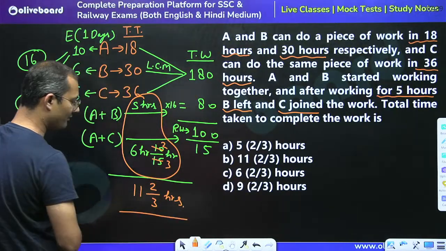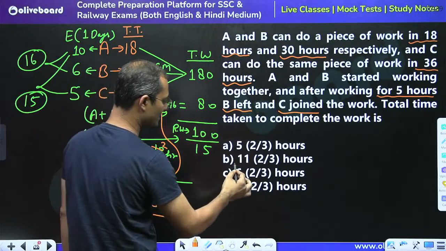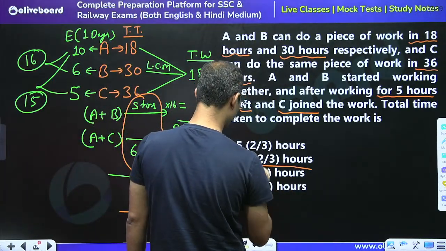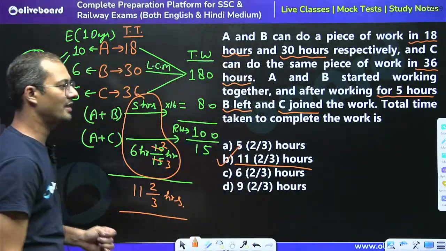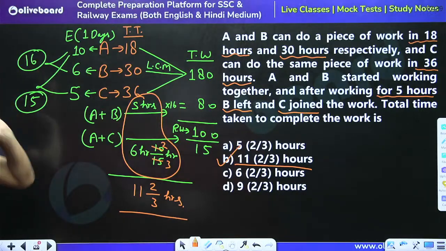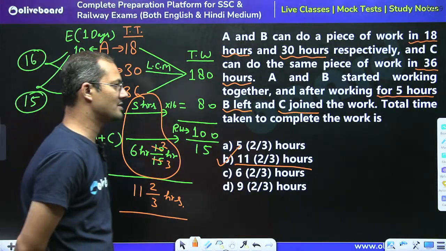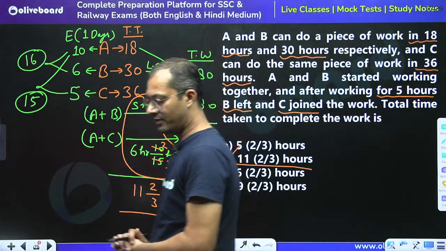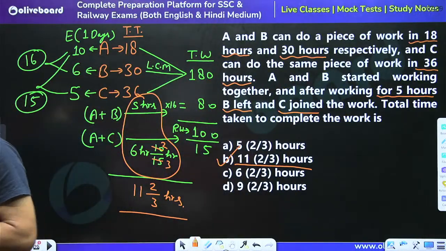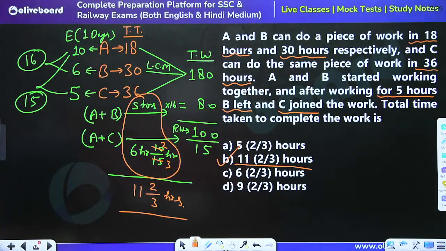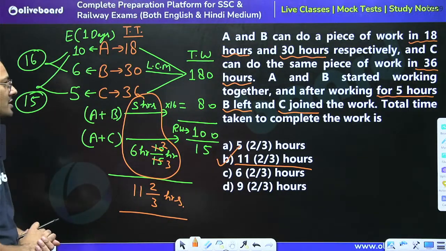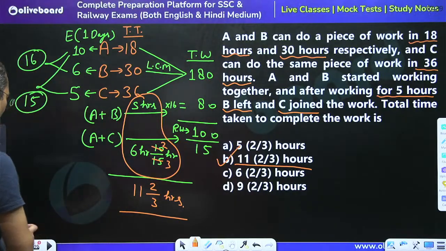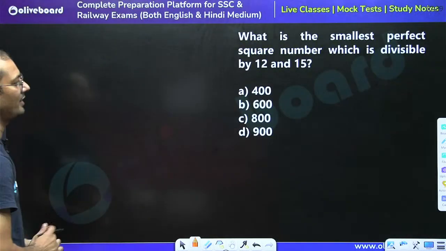So B is the right answer. Yes, 11 whole 2 upon 3 is the right answer.